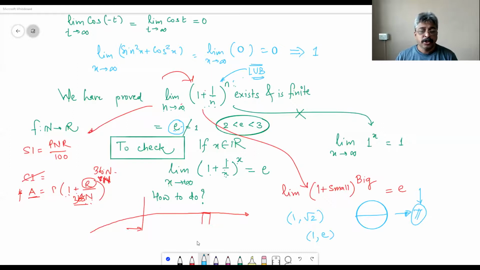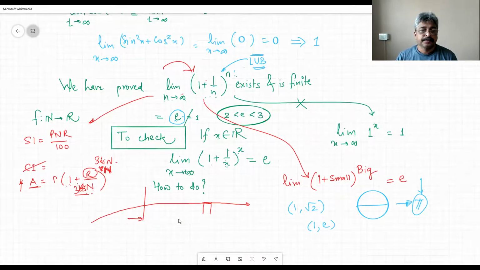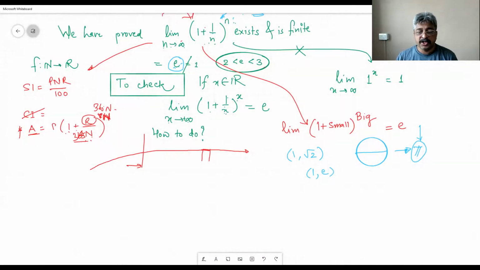Okay. So the hint is, if we have done something for natural numbers, and we want to do something for real numbers, let x be caught between two consecutive natural numbers. Consecutiveness is available to natural numbers but not real numbers.